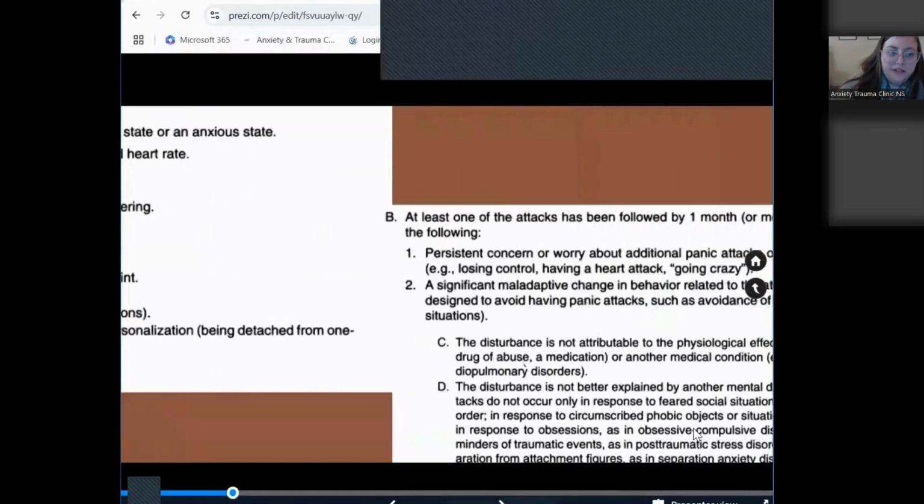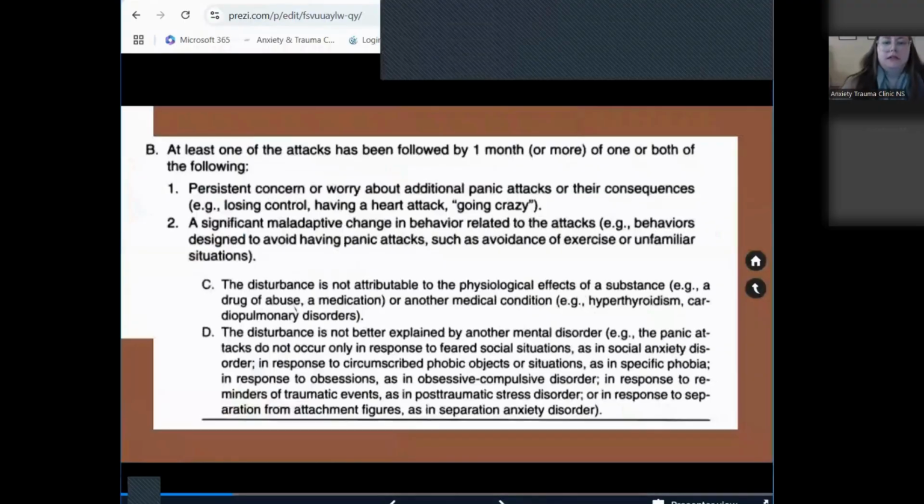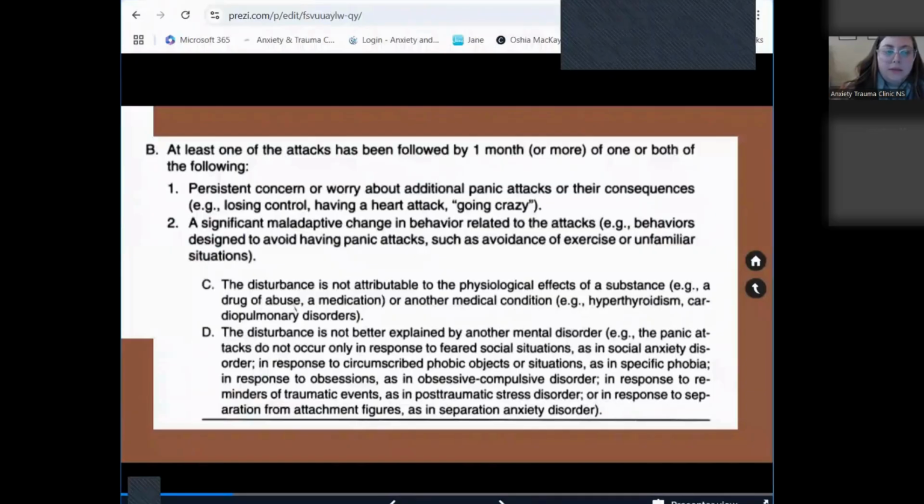Now we have criterion B. This is set up very similarly, and it looks at whether at least one of the attacks you've experienced has been followed by 1 month or more of one or both of the following things. 1, persistent worry about having another panic attack and the consequences of those attacks, for example losing control, having a heart attack, or going quote unquote crazy.